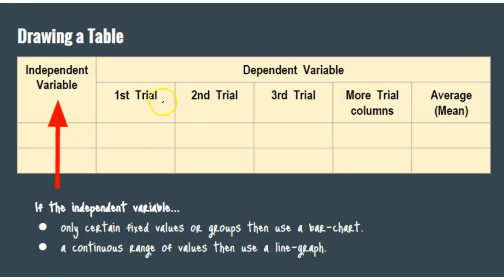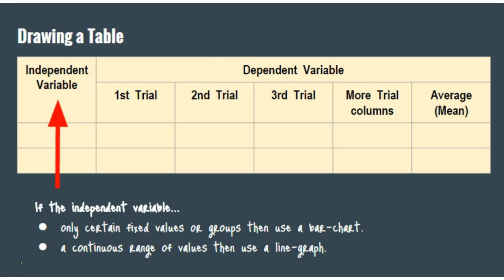And again, you need to have all of the dependent variable trials along the top. So you're not going to just have one column of a dependent variable either. You're going to have all of the different trials and then an average of those trials over here. So what you're changing, what you're measuring.